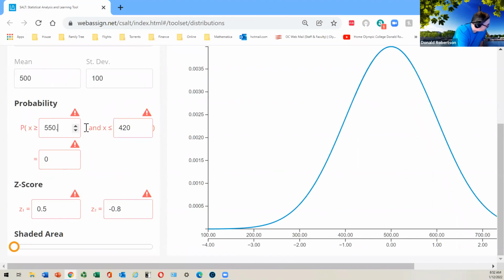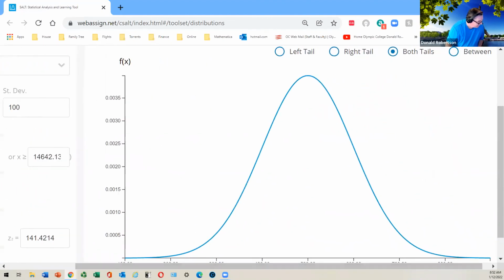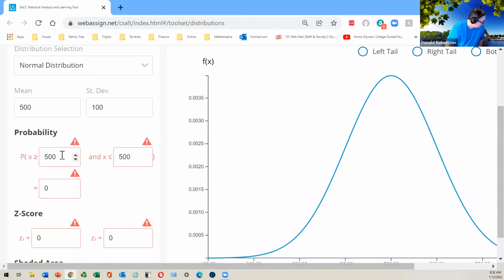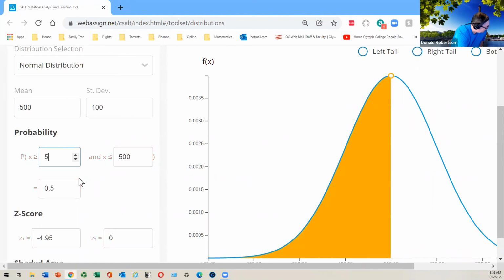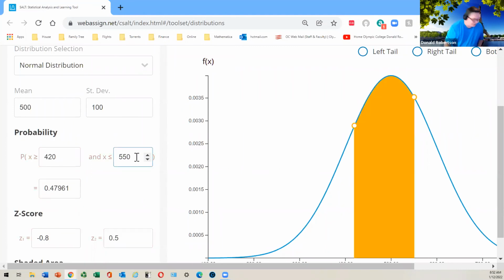What are you doing? Oh, it reset it. I didn't realize that. I'll do it between. There we go. Okay. I want you to be bigger than 420 and less than 550. There we go. Right, I got it back to front. Small guy to big guy. That makes sense for between, and that's almost 50% of the people in that range.